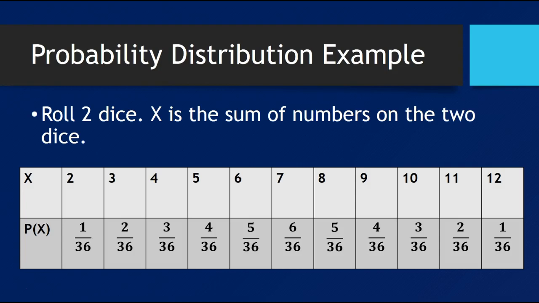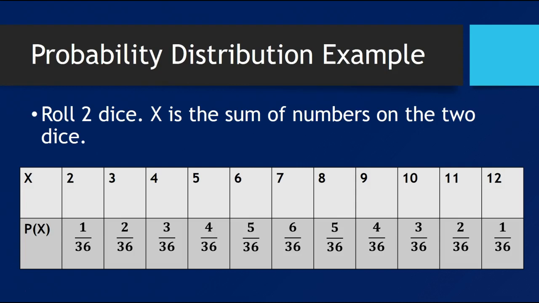Now here's another probability distribution example that we didn't do a whole lot of, but it does come up in various cases. This is an example of what would happen in a game like craps. If you have not been to the casino and you don't know what craps is, basically it's a game where you roll 2 dice, and then instead of looking at the numbers individually on the dice, you take the sum of the numbers that show on the 2 dice.